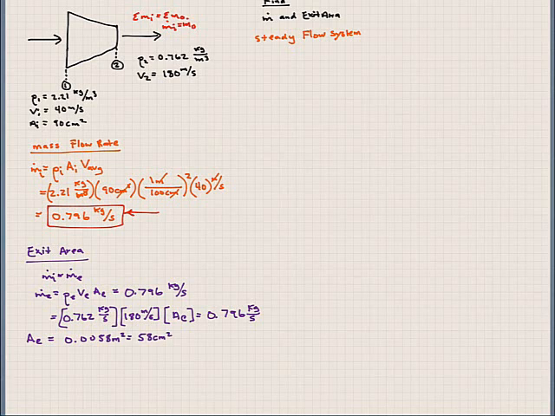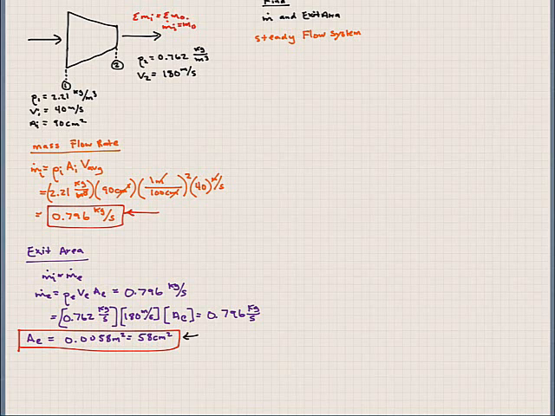So that would be our exit area here. Okay, that takes care of that problem, and that really just demonstrated conservation of mass for a steady flow system. That was a pretty straightforward problem, and you can watch it over again if you have any questions.